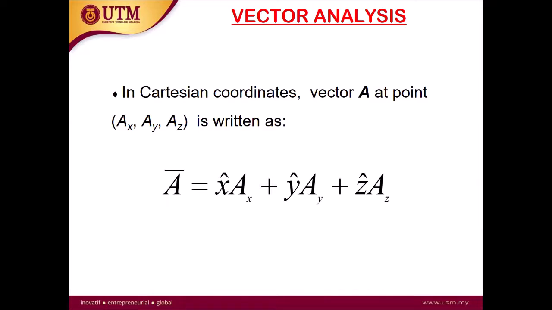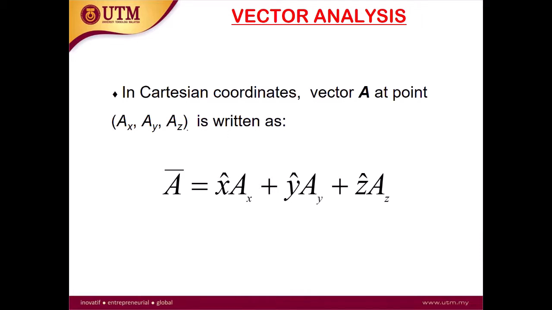We take one coordinate system, which is Cartesian coordinates. Let's say vector A at point Ax, Ay, and Az is written as A bar equal to x in the direction of ax plus y in the direction of ay plus z in the direction of az.